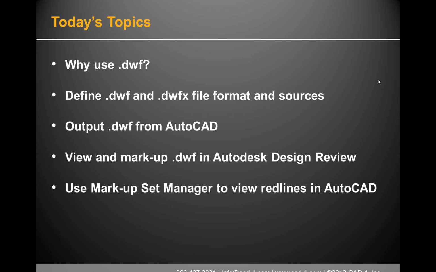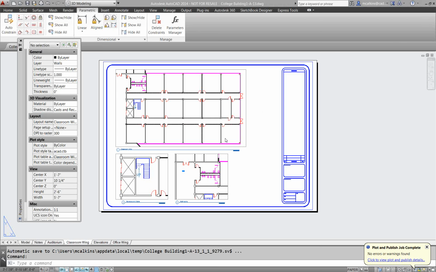There we go. All right, so let's talk about the use of DWF a little bit. The main reason we see people using DWF these days is really for improving paperless communication. It's a great communication tool, and it prevents you from having to constantly print every single thing that you want to send to somebody else.